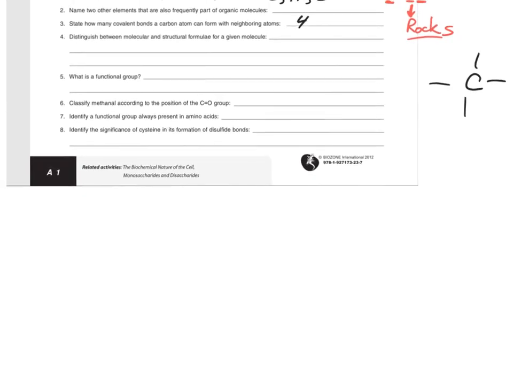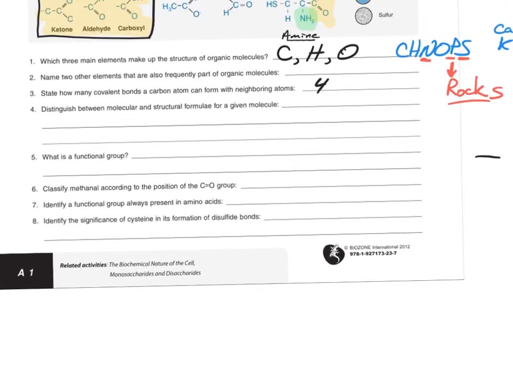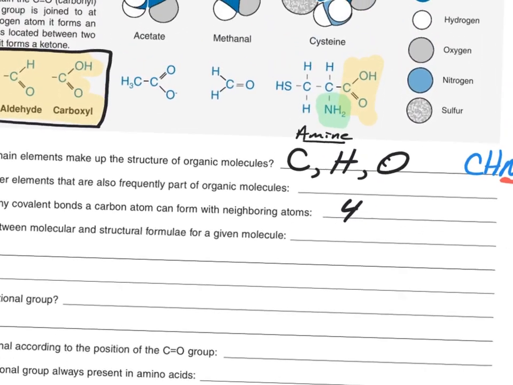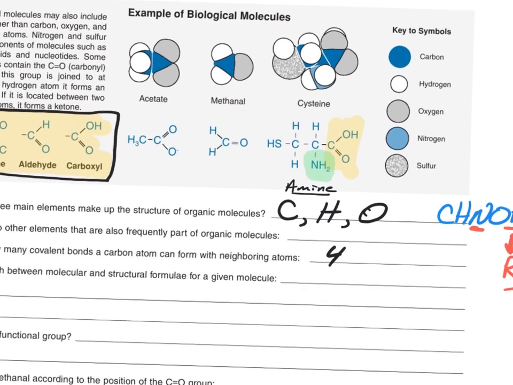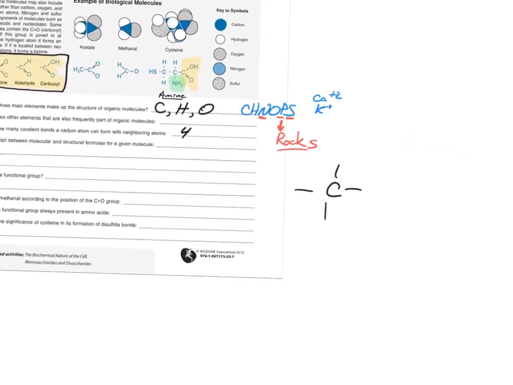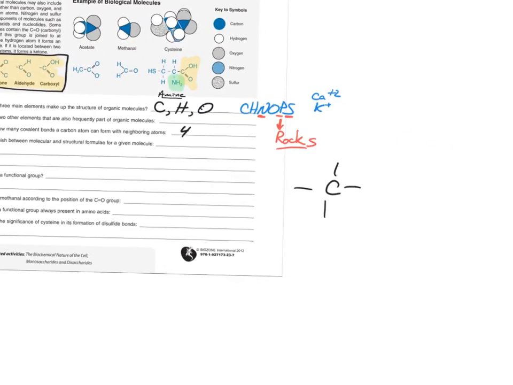Identify the significance of cysteine in its formation of a disulfide bond. Why is cysteine important in disulfide bonds? What is a disulfide bond? It turns out that hydrogen bonding, that intermolecular force that we talked about between two molecules, can form between two sulfurs in a bond as well. We call that disulfide bonding.